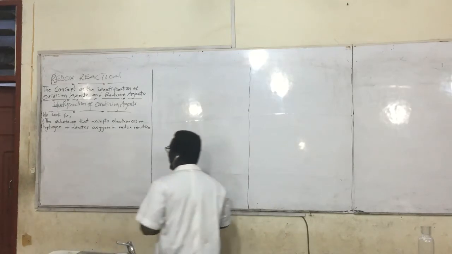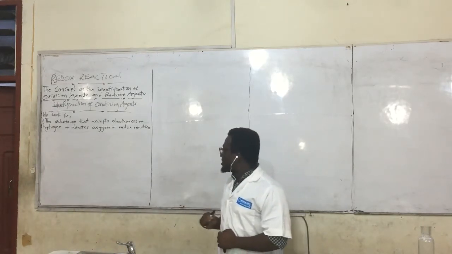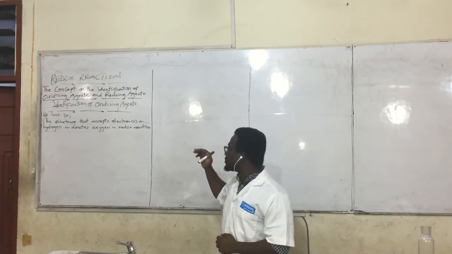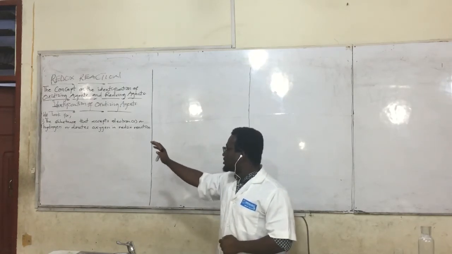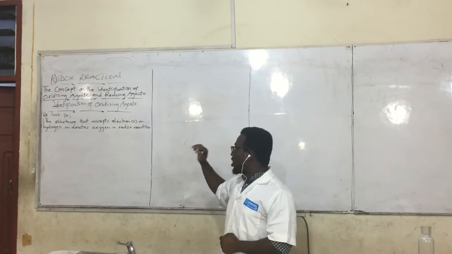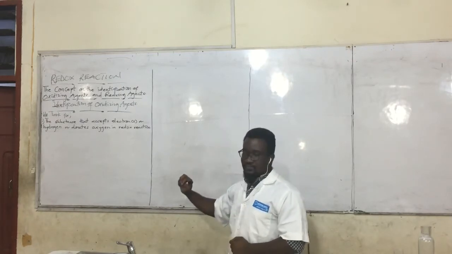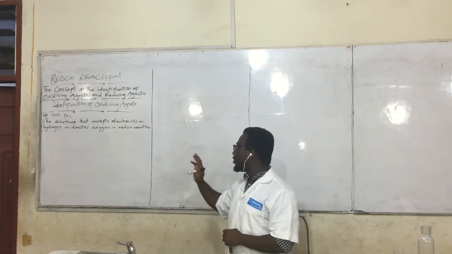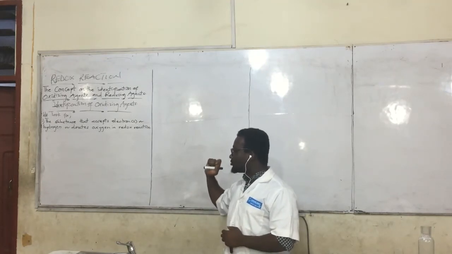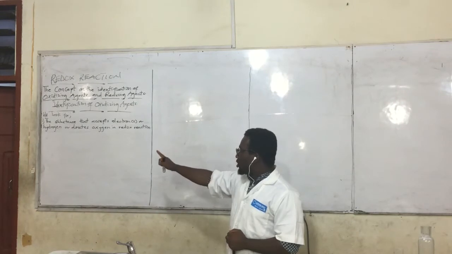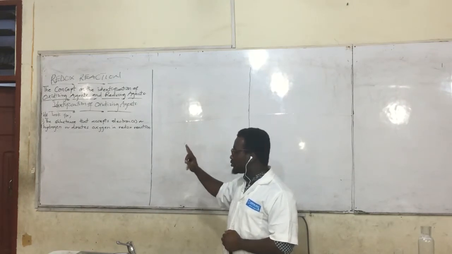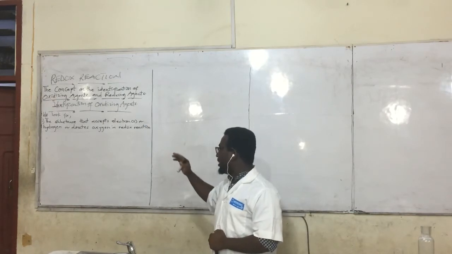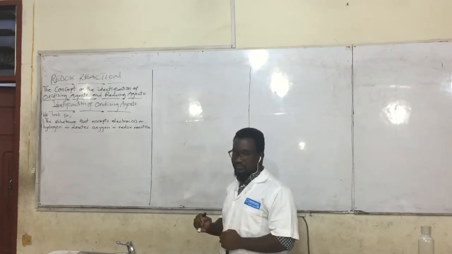So we look for the substance that accepts electron or electrons or hydrogen or donates oxygen in a redox reaction. That is what we're looking for: the substance that accepts electrons, 1, or accepts hydrogen, 2, or donates oxygen in a redox reaction.